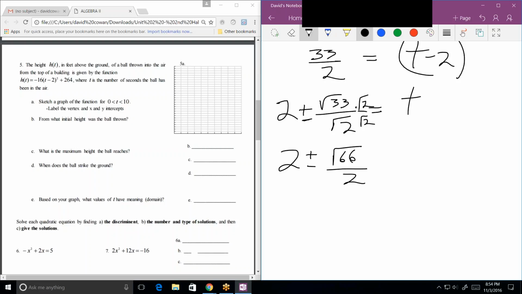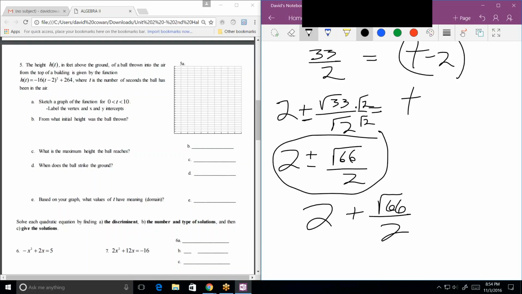So it's simplified, and there's your 2 x-intercepts: 2 plus root 66 divided by 2, and 2 minus root 66 divided by 2. So that's what you would put for your x-intercepts.